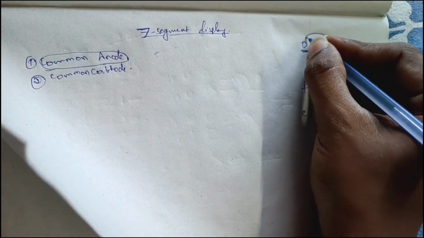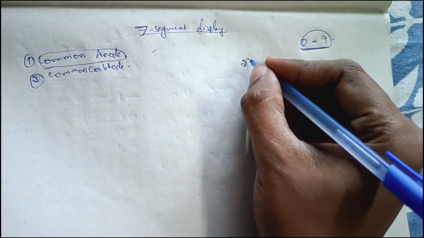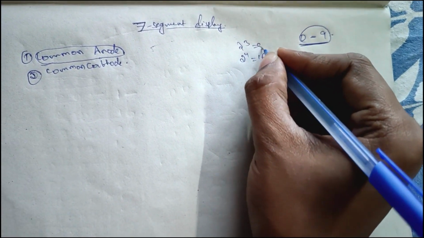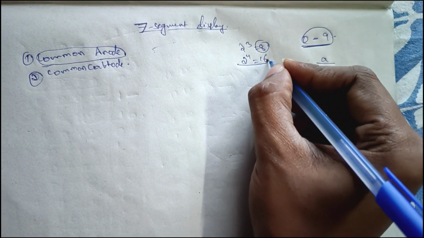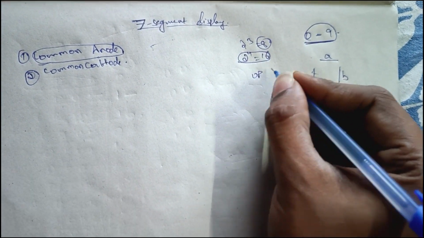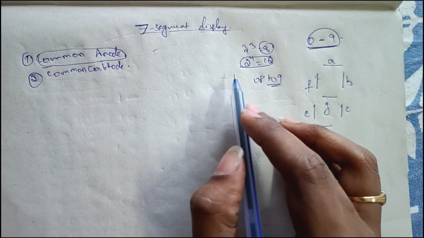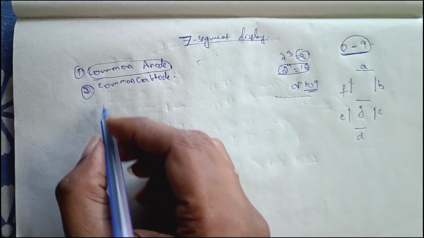So how many bits will be required? 2 power 4 means we get 16, and 2 power 3 means we get 8, right? So we require 4 bits to go up to 9.